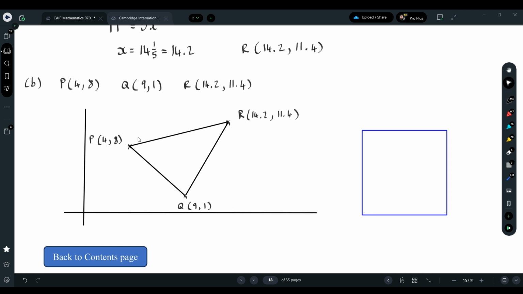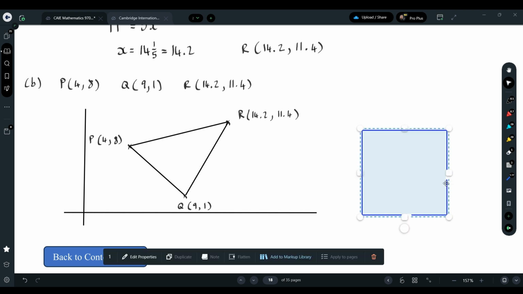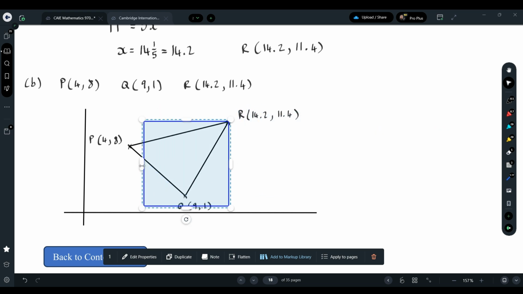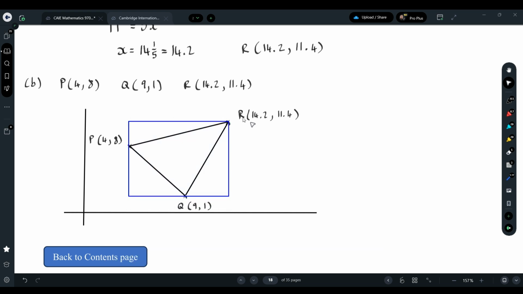Now that we have our points P, Q, and R sketched onto our plane, something that will help us calculate the area of this triangle PQR would be drawing a rectangle around this triangle, making sure that the perimeter of the rectangle passes through each coordinate of the vertices of our triangle.